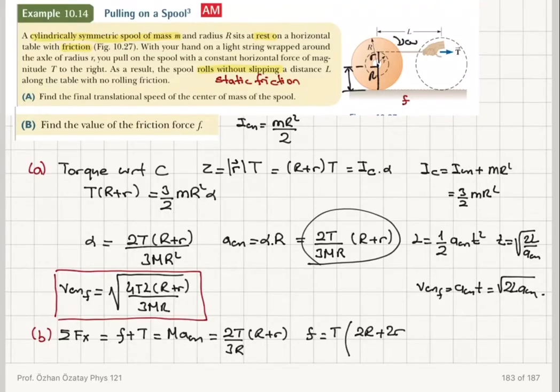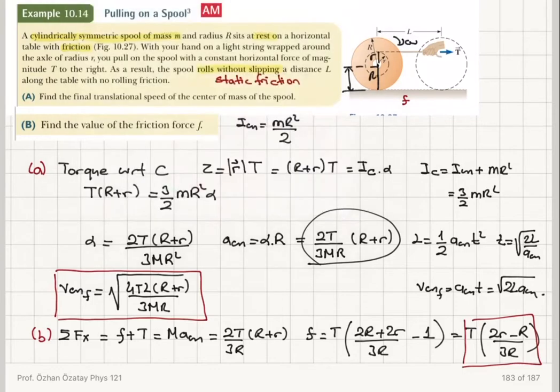Therefore, the force of friction will be T times (2R plus 2r divided by 3R minus 1). And this will be equal to T times (2r minus capital R) divided by 3R. So that will be the answer.